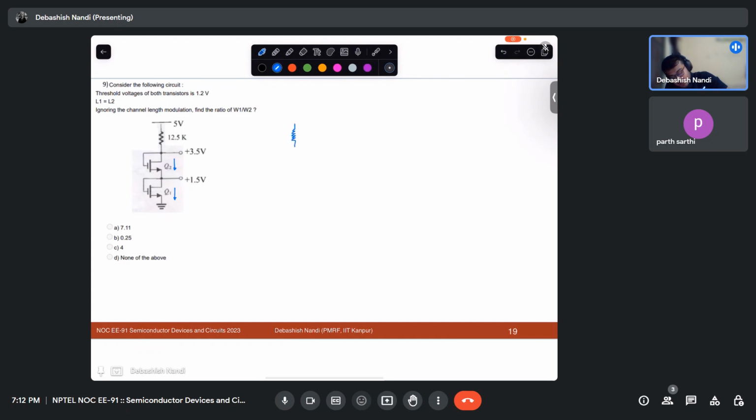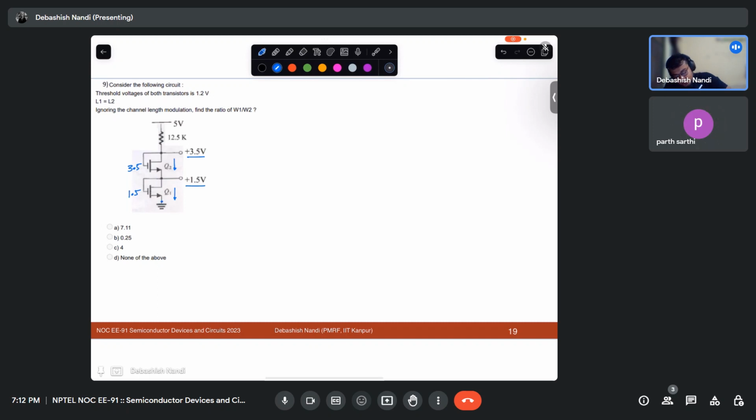Let us draw the small signal equivalent. Actually, let us not draw small signal because it is not asked. It is a large signal because these voltages are given. So your gate voltage is 3.5 and in this case gate voltage is 1.5.